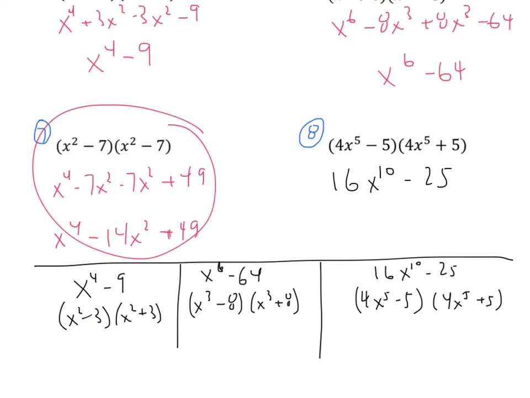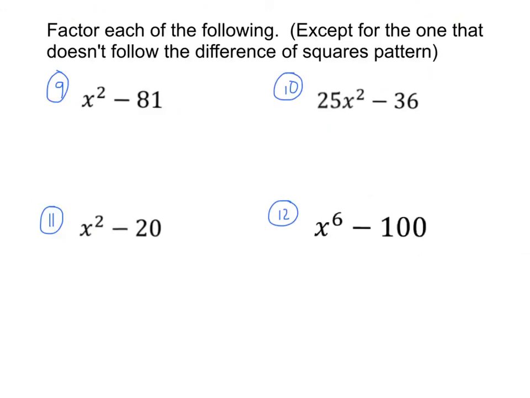Okay, so now, after doing all that work and understanding the pattern, I want you to do some factoring. So factor each one of these, except one of them. One of these is not going to follow the pattern. Maybe I'll do the first one. x squared minus 81.